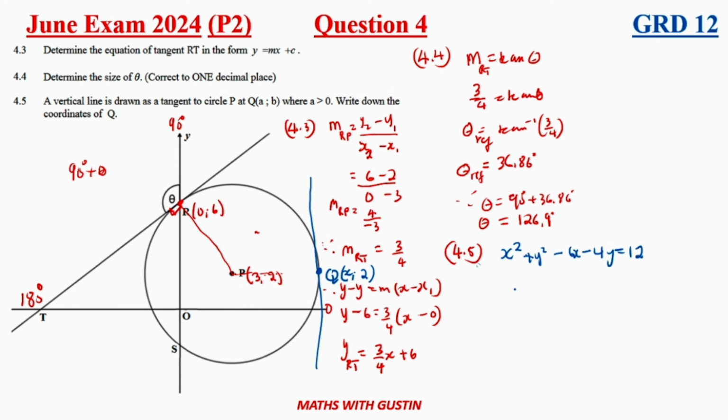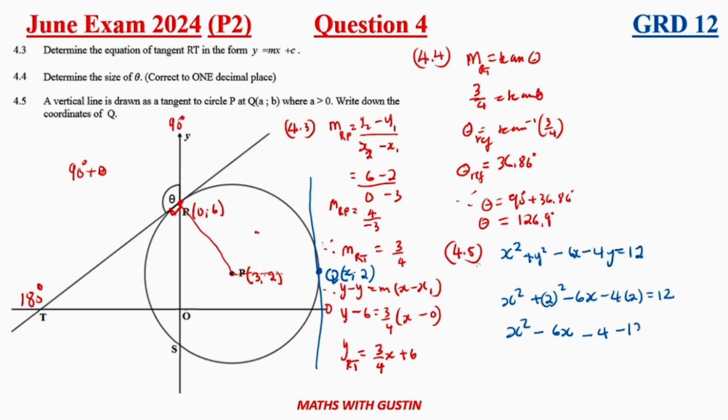So if you are looking for X, if your Y is equal to 2, there you go, x squared minus 6x. Here what you're going to have is 4 minus 8, you're going to have minus 4.